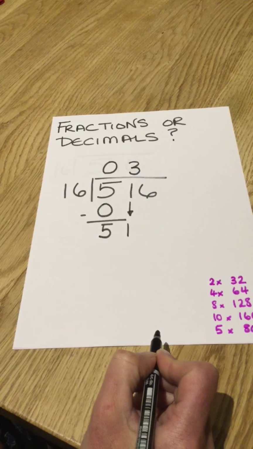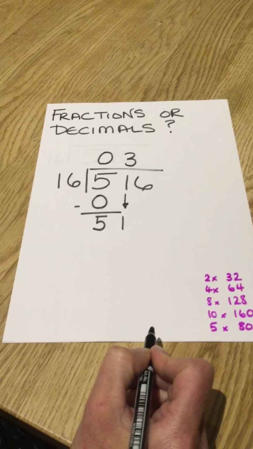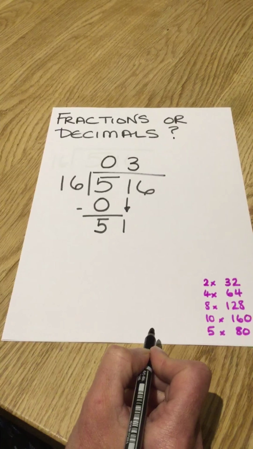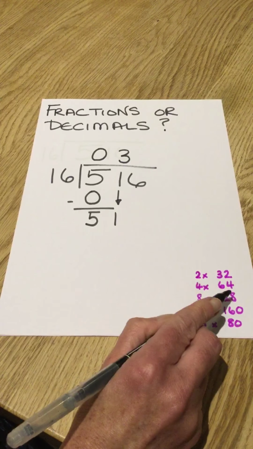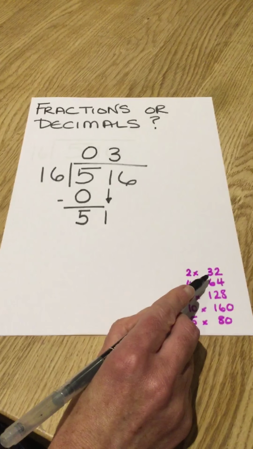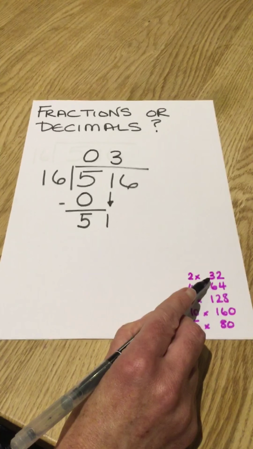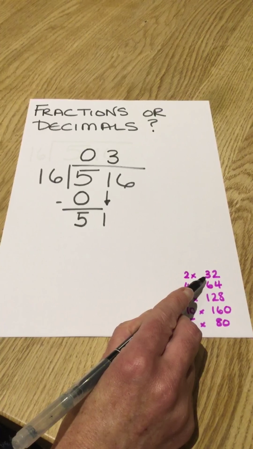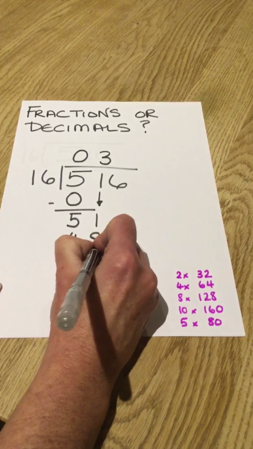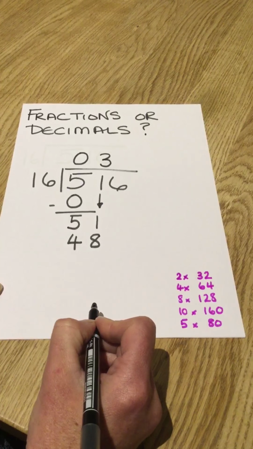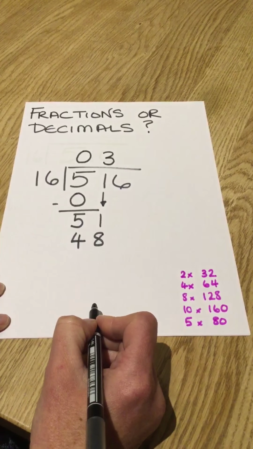So everybody gets 3 tens. How many have I given away? I've given away 45. No, I haven't. I've given away 48, because 48 is 3 times 16.